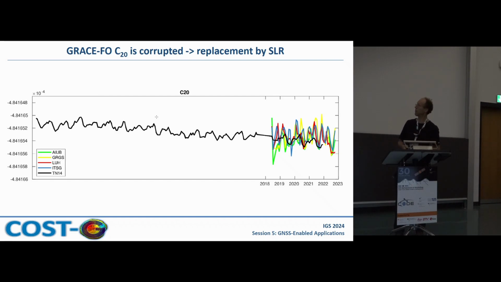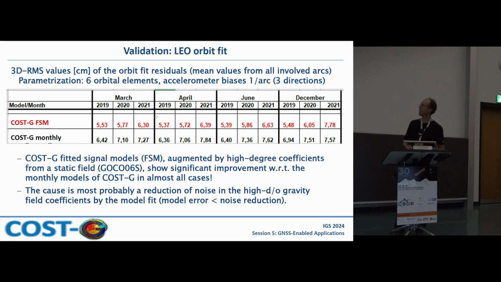They are not comparable. And believe me, the black line is better than the colored lines from GRACE follow-on. So to provide you the best possible information, we replaced this C20 coefficient in our combined models and in the fitted signal model by values derived from SLR, satellite laser ranging.